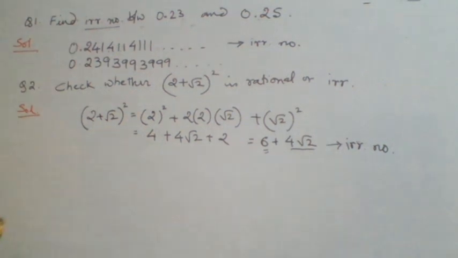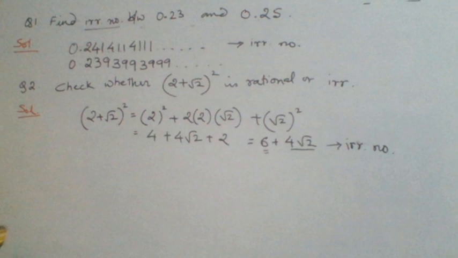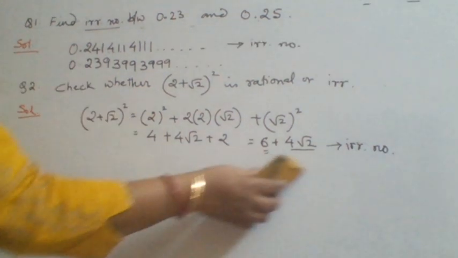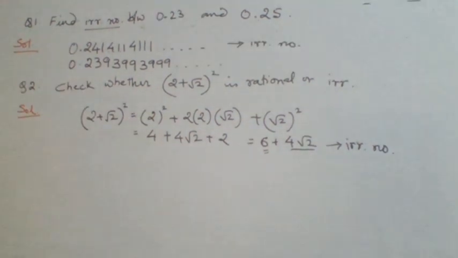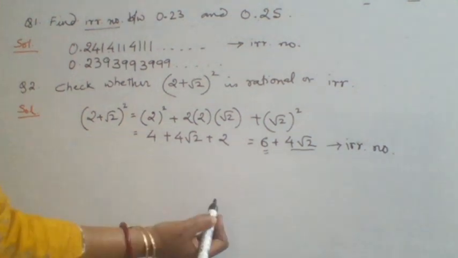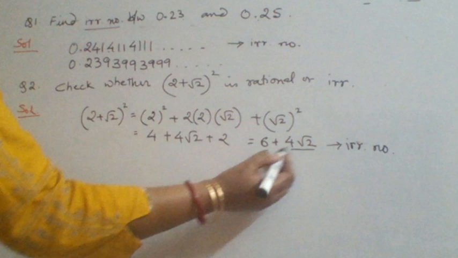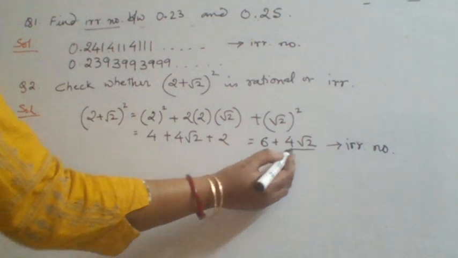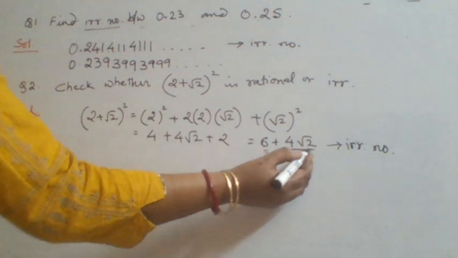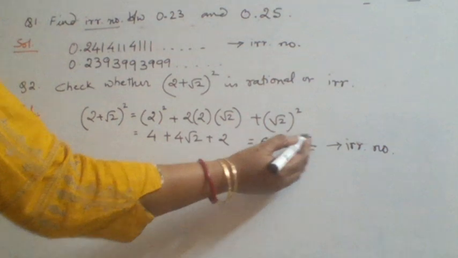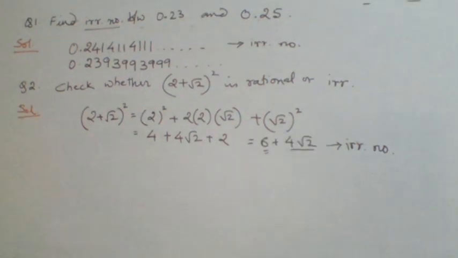So some important results about irrational numbers. I have stated that this is an irrational number, but you may have some confusion about why it is irrational. What properties are there for irrational numbers? Because this is a mixture of a rational number and then a product of a rational number with an irrational number. So how to find whether this is an irrational or rational number? For that, please note down a few points.